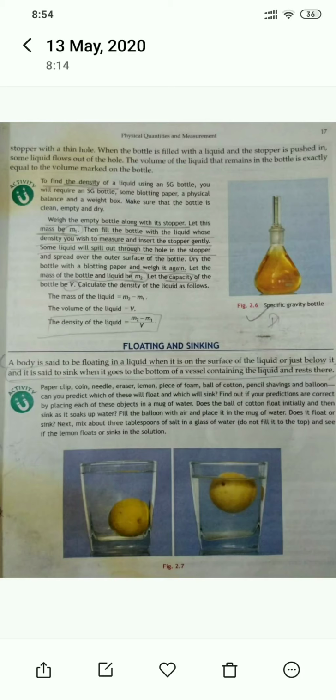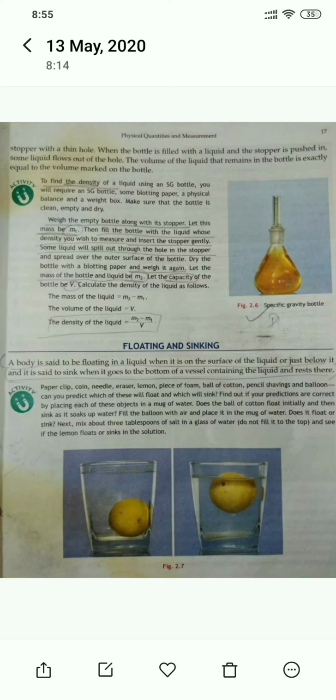So when you fill it completely and then fix the cork in the bottle, the extra liquid comes out of the bottle through that hole. The volume that now remains inside the bottle is 50 cc or 25 cc, and that volume is written on the bottle itself. So you don't have to measure it.